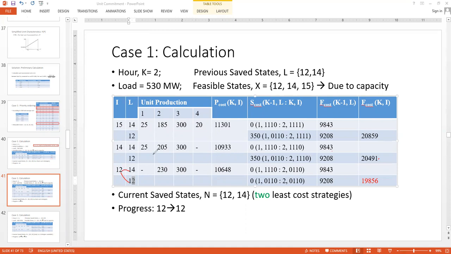So from 14 to 12, if it is 12, then of course we know it is 0 1 1 0.